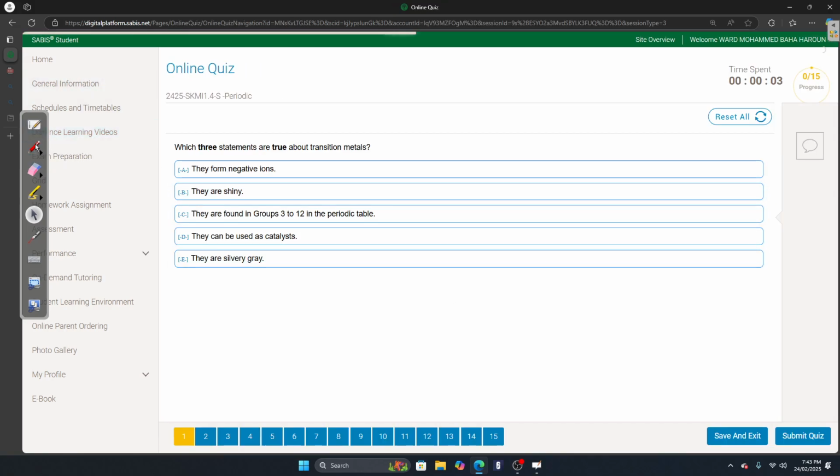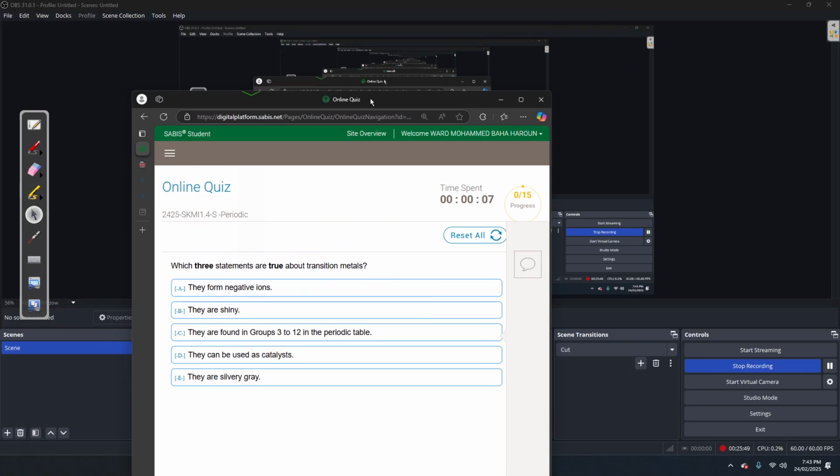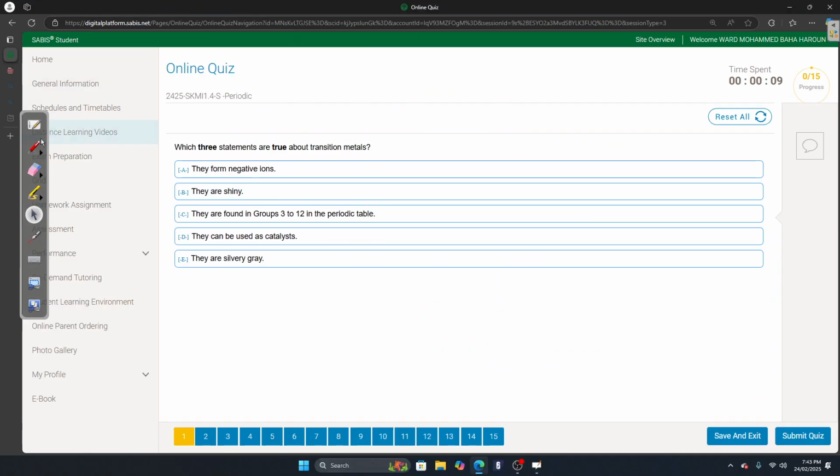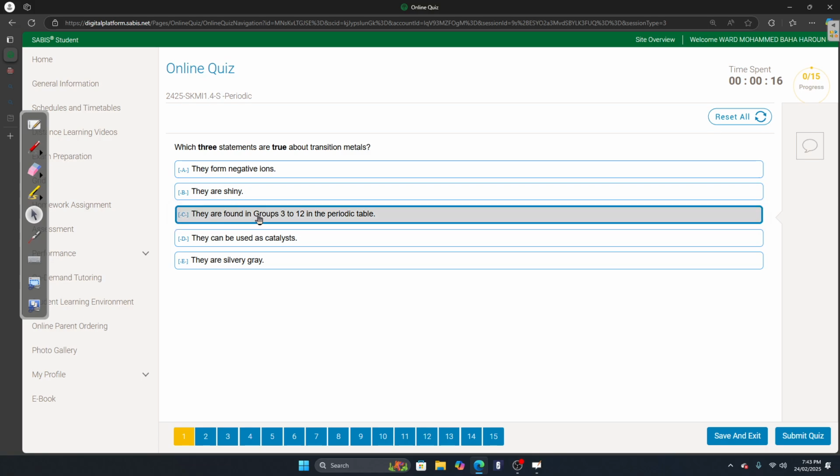Okay, guys. 15 questions. Is that transitive? Transition metals. Okay. Transition metals are metals that are found in groups 3 to 12. Not every single element from group 3 to 12 is transition, but they are found there. They are silvery gray.